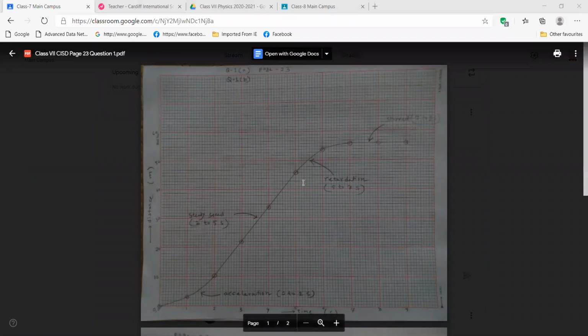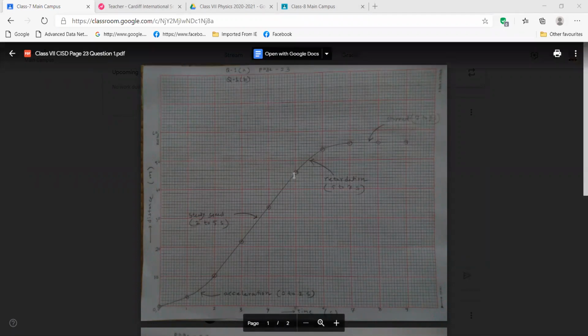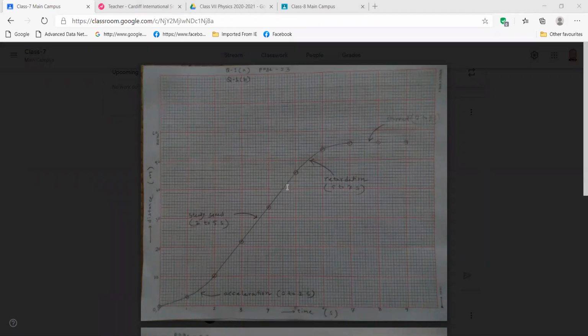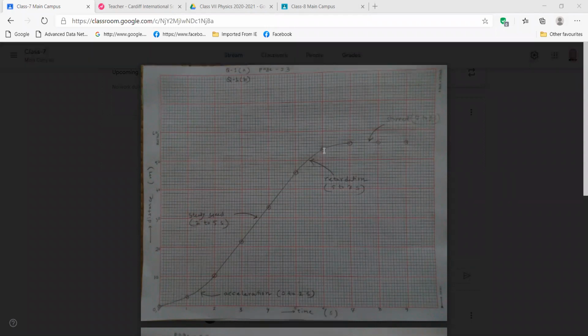we have another part. Look, after 5 seconds, the distance is increasing, but the distance covered how much? From 46 to 54, right?